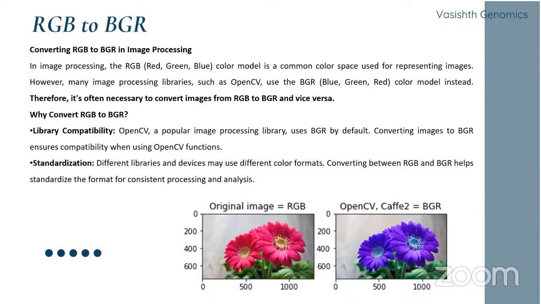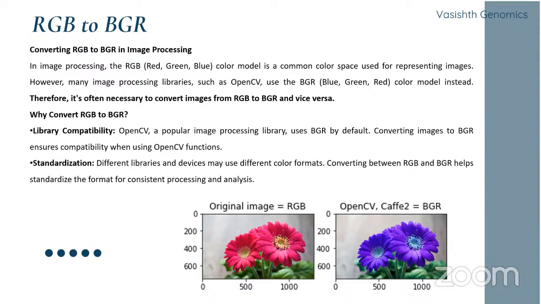So why convert from RGB to BGR? OpenCV, a popular image processing library, uses BGR by default. Converting the image to BGR ensures compatibility when using OpenCV functions. Yes, that is why you need to convert. Then standardization: different libraries and devices may use different color formats. That is the main thing. So what exactly are you looking for?